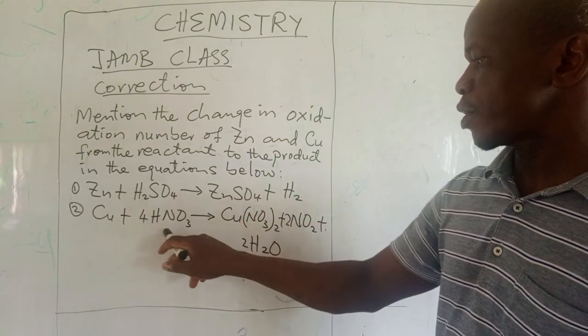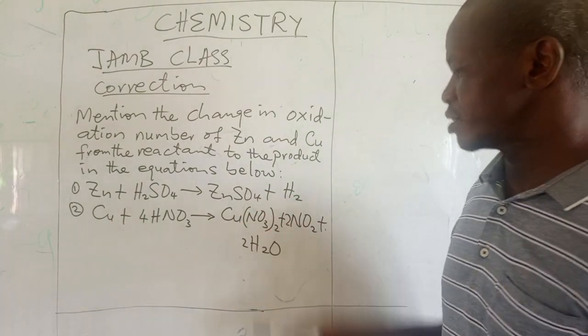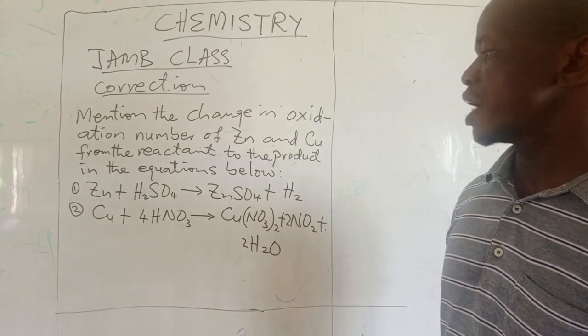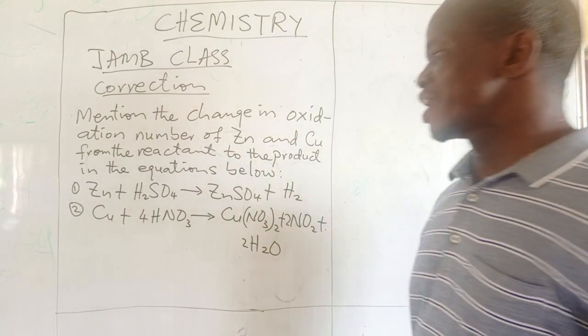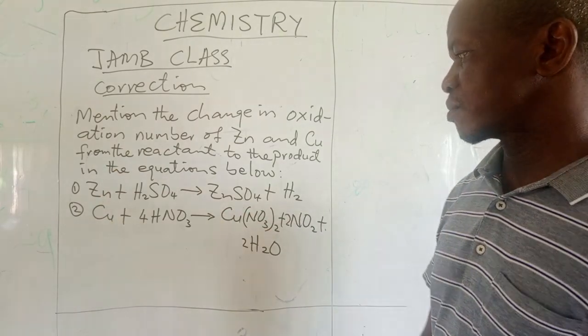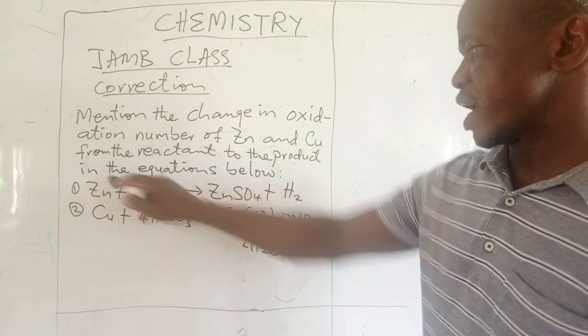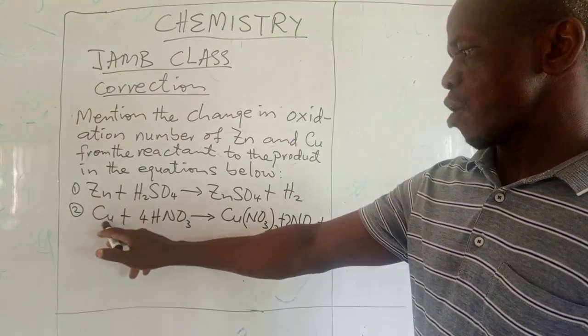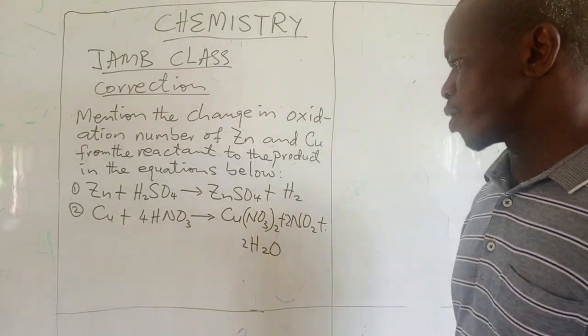Equation 2, copper plus this to give you this and this and this. So now, out of these two equations, they are asking you to give the oxidation number of zinc in this first equation in the reactant and zinc in the product. The same thing here, copper in the reactant, copper in the product.